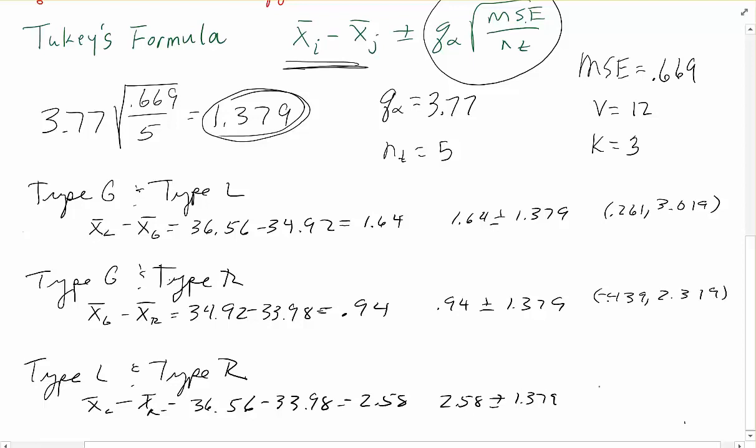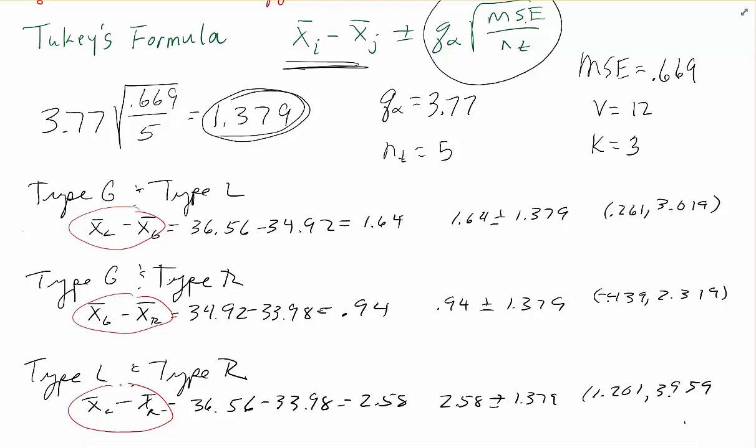And then for type L and R, I'd have 1.201 to 3.959. Now, with 95% confidence, these sample differences are going to be in their respective intervals.